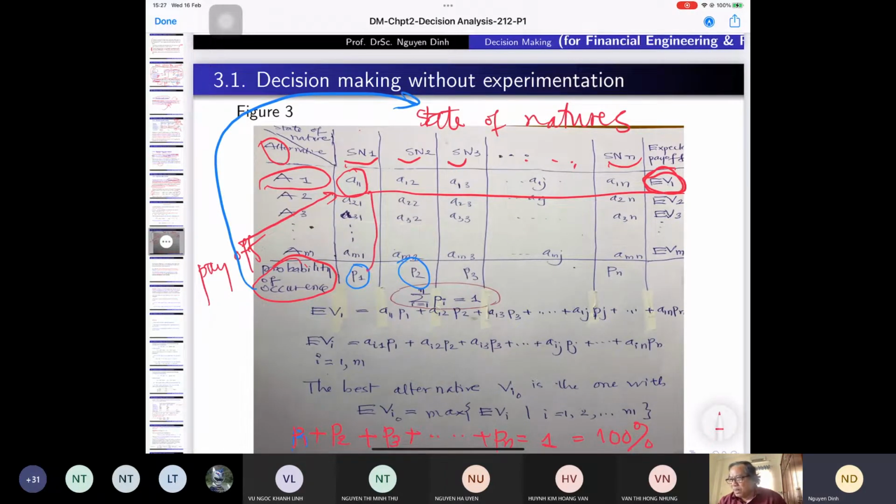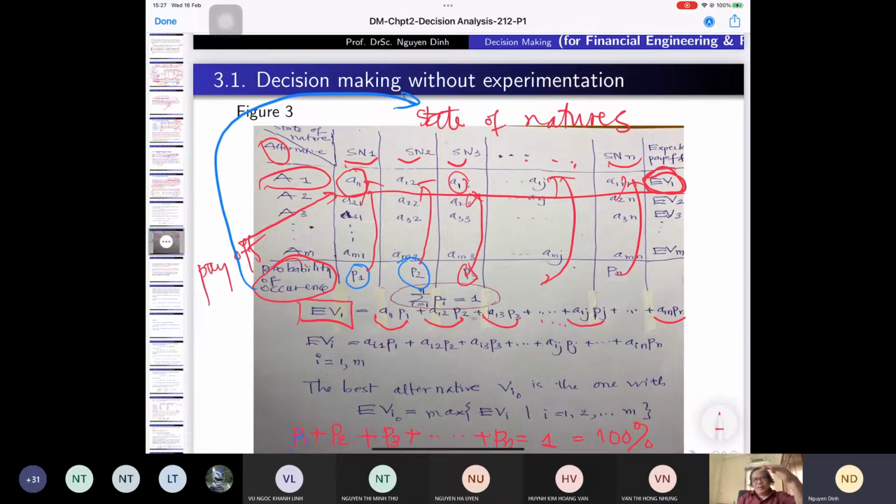P1 multiplied by A11, P2 multiplied by A12, P3 multiplied by A13, and so on, plus A1j Pj, and the last one, A1n Pn. Sum of all of these, and then you have EV1.